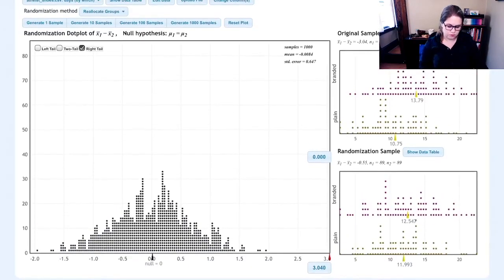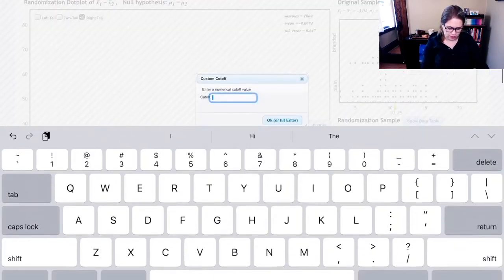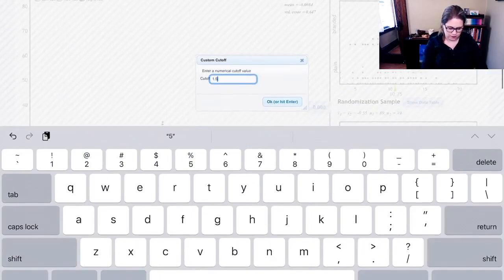Okay. And so then it shifts the axes a little bit, and it shows me that the p-value is approximately 0. So we had concluded that already. If we had found a difference of like a day and a half instead, I could have put in 1.5.